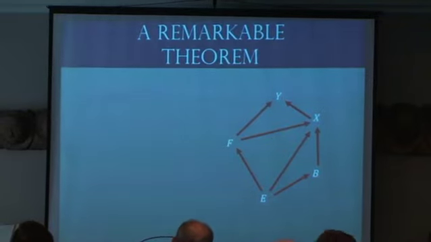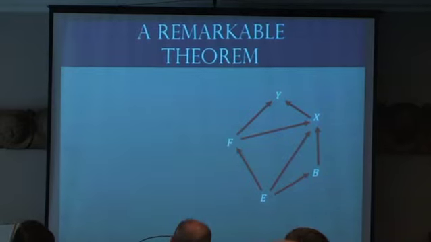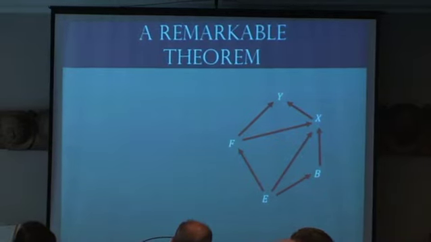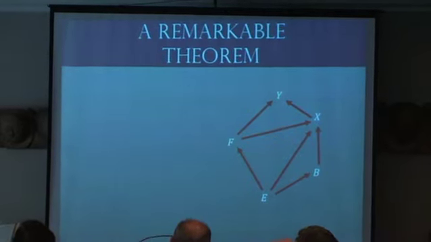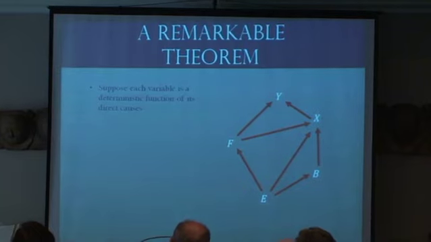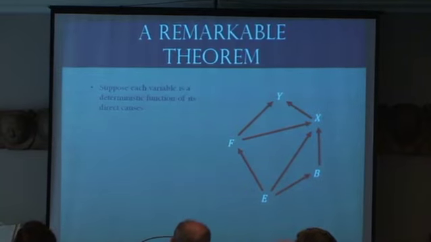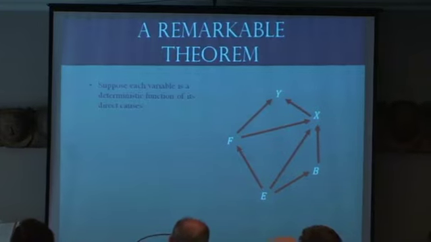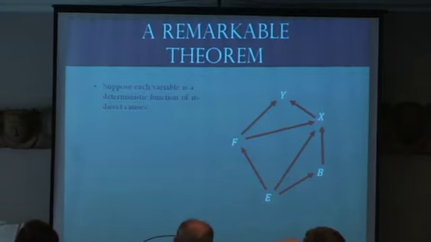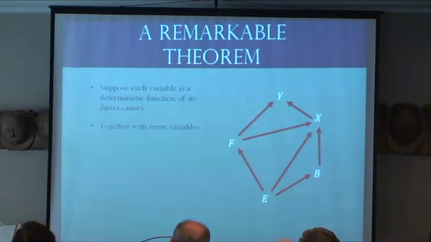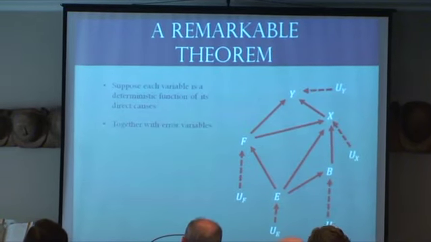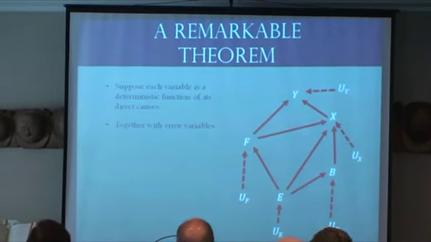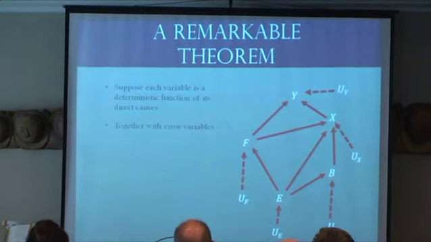Was it 1990 or 1991, together with Thomas Verma, he proved a really quite remarkable theorem. If we think of each of these variables, the value of the variable is a deterministic function of its direct causes together with error variables. So I've got these added error variables, so I've got a deterministic model.